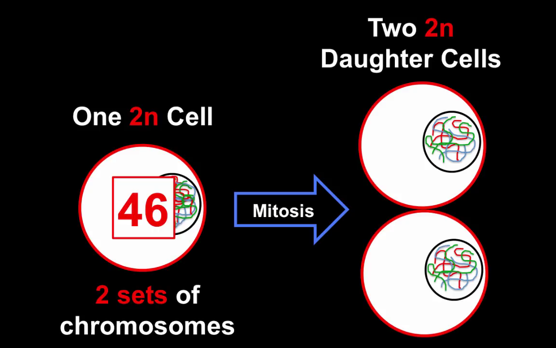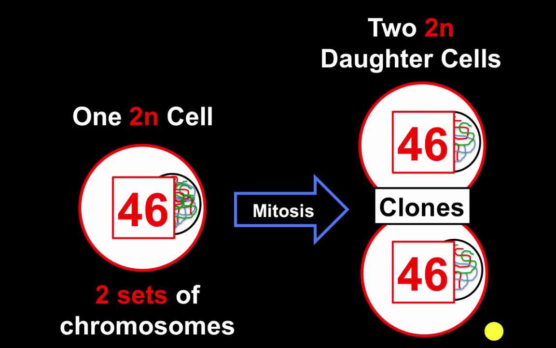These are our daughter cells, and they are both, just like the parent cell, 2N or diploid. They are clones of each other, meaning there is really no difference between them or the parent cell. So if these were human cells, they would both have 46 chromosomes. The really key thing to remember here is mitosis goes from diploid to diploid, and the chromosome number does not change.